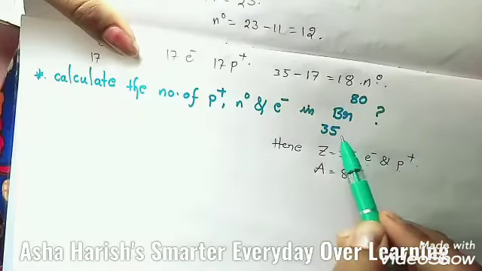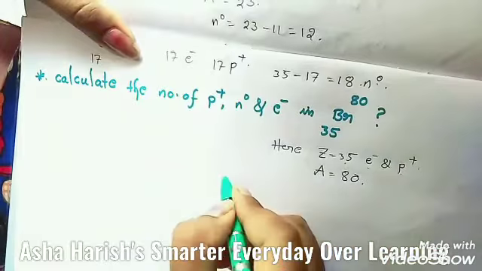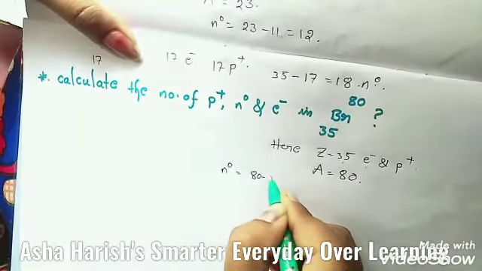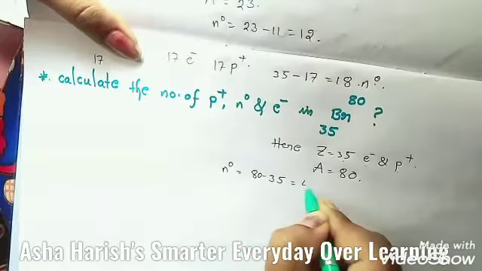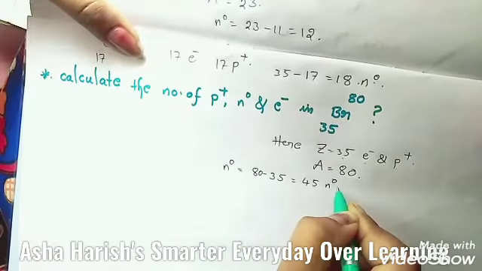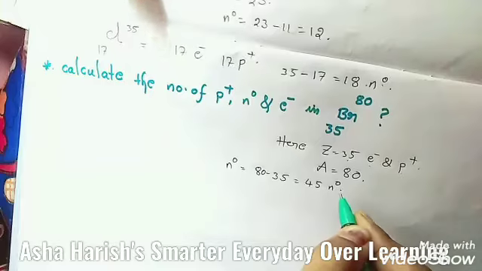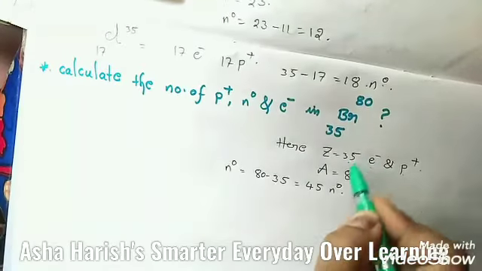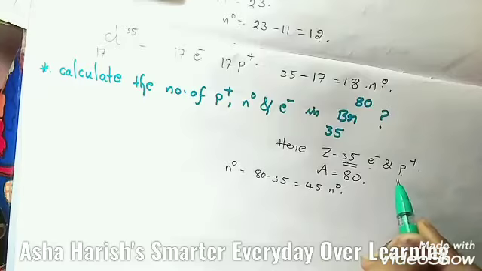Based upon the mass number and the atomic number, you have to calculate the number of neutrons. That is 80 minus 35, 45 neutrons present in the bromine atom. As the atom is neutral, the number of electrons equals the number of protons, that must be 35.